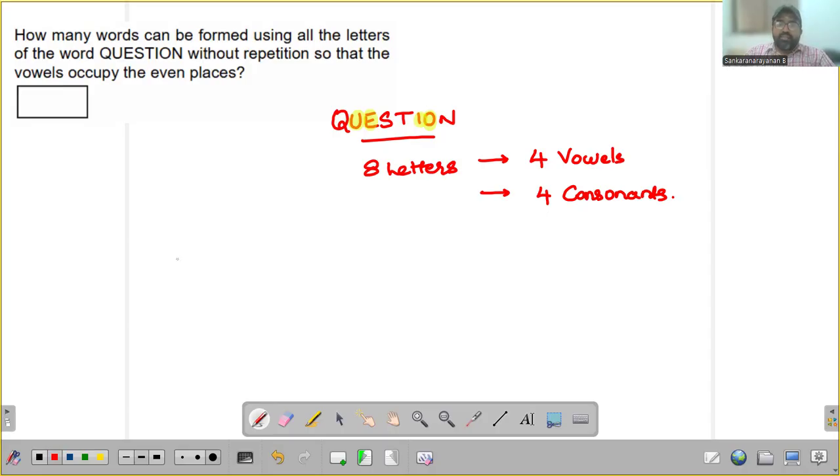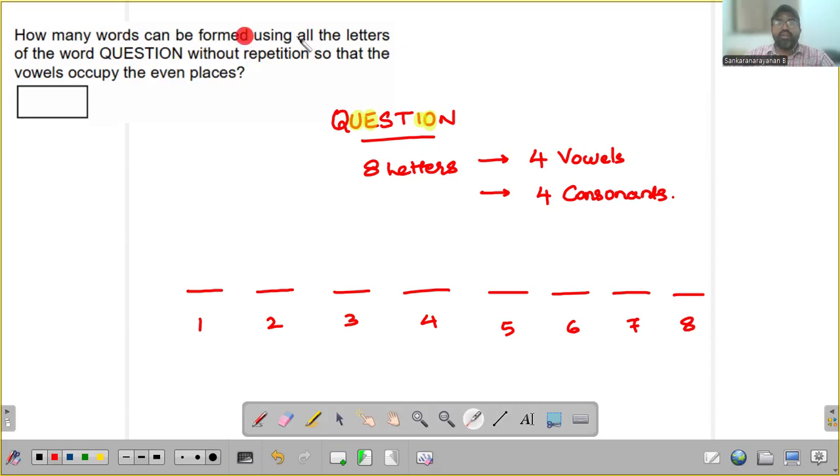Now let me go ahead with 1, 2, 3, 4, 5, 6, 7, 8. These are the positions. Please be aware, in the question it is said, how many words can be formed using all these letters without repetition so that the vowels occupy the even places, which means the U, the E, the I and the O, the 4 vowels, should be occupying the even places, which means 2, 4, 6, 8.